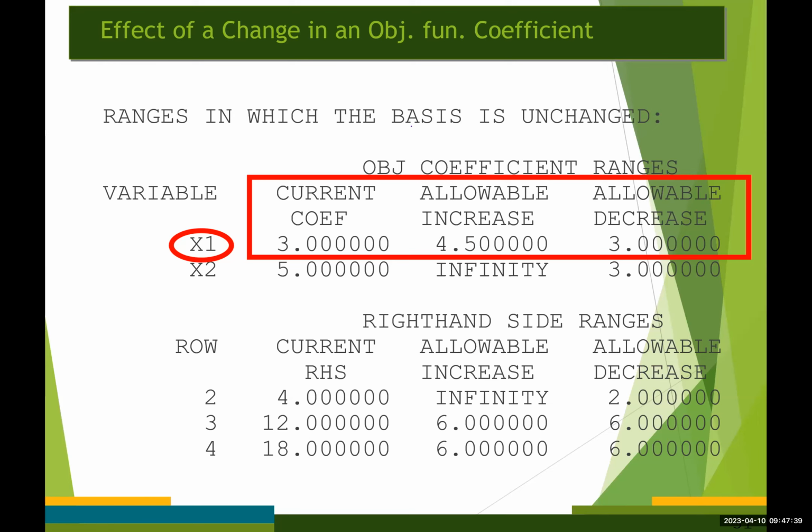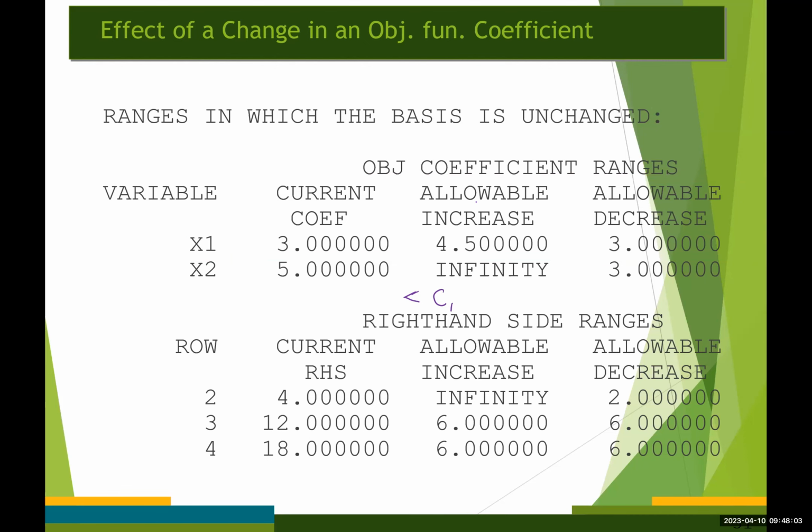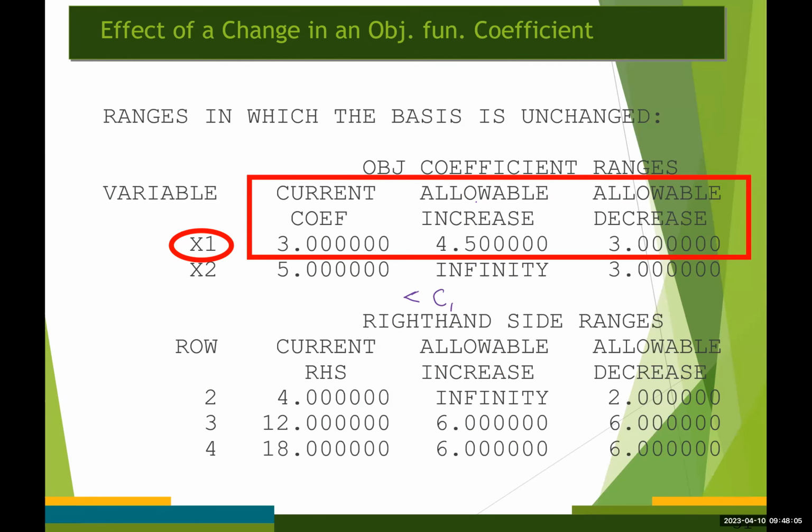So that's going to be C sub 1 has to be greater than or equal to 3, that's the current value, minus 3, that's the allowable decrease limit, which is equal to 0, right?